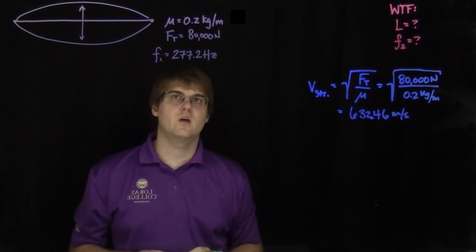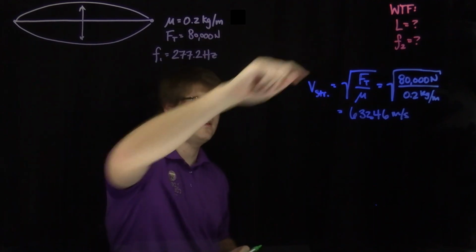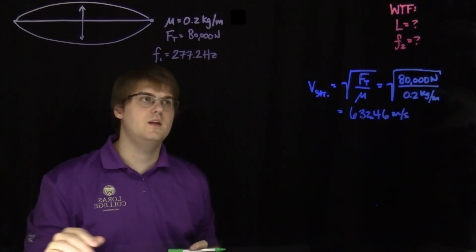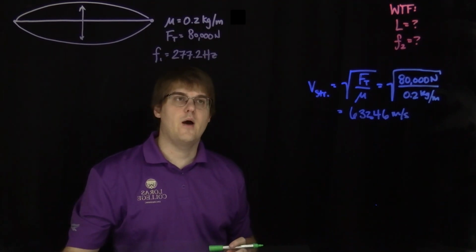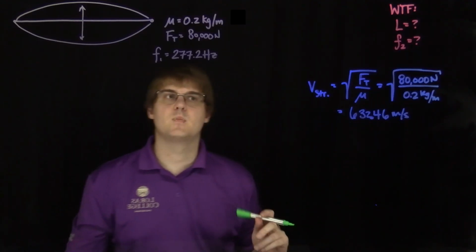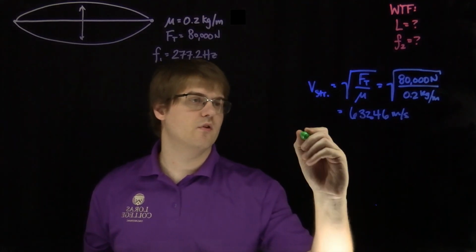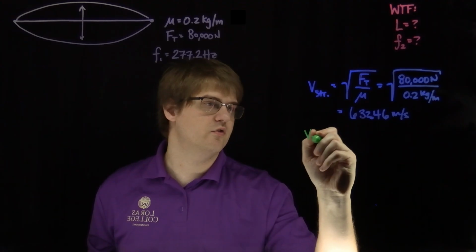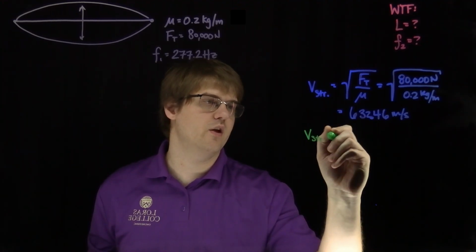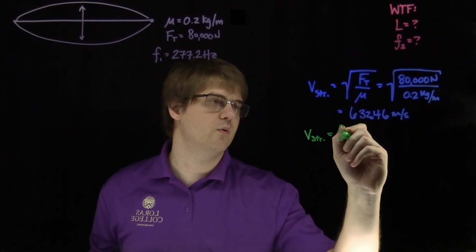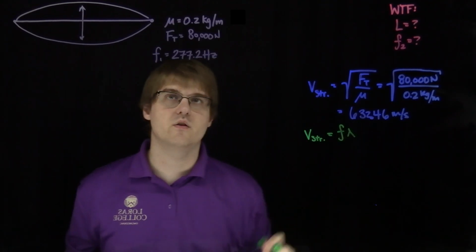Our second step, we said we're trying to get to length, but before we can get to length, we need to have our wavelength. So our velocity along the string is going to be equal to our frequency times our wavelength.